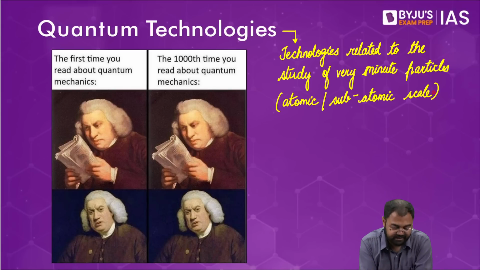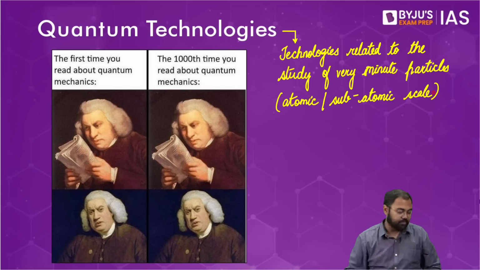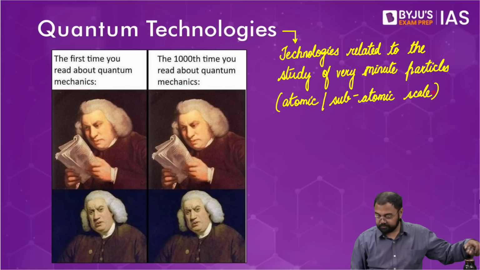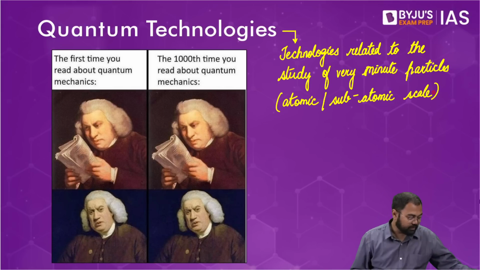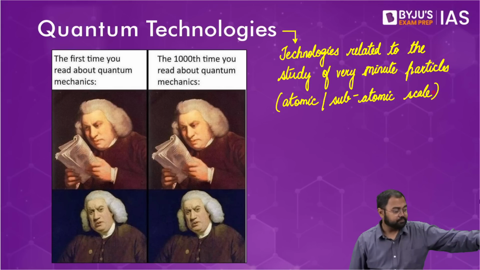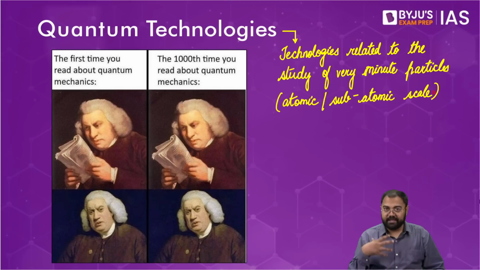Now, when it comes to the laws and principles of quantum technologies or quantum mechanics or quantum physics, as it is called, the laws and principles here are very different. We had a very brief discussion about it. So this is a technology where the principles and concepts are very different, and that's why the rules that apply at our level do not apply at that level.